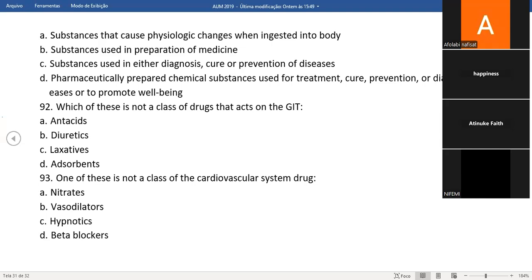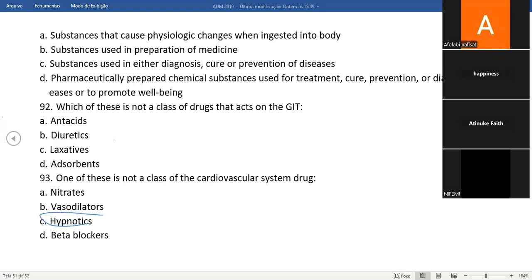Which of this is not a class of drugs that act on the GIT? Diuretics. So what part of the body does diuretics work? In the kidney. Yeah, one of these is not a class of the cardiovascular system drugs. C. Hypnotics.